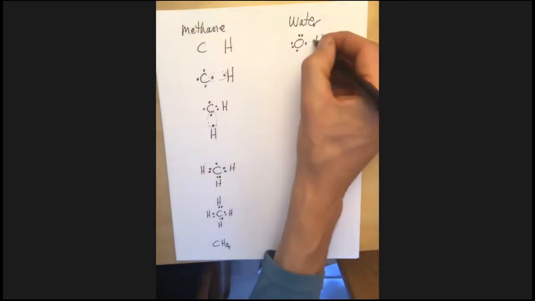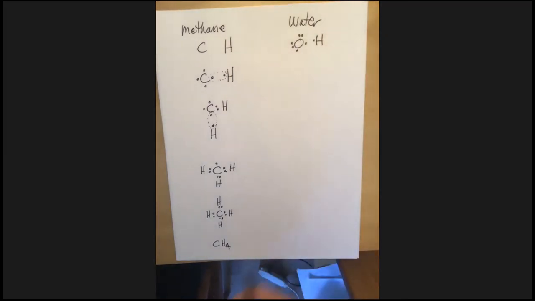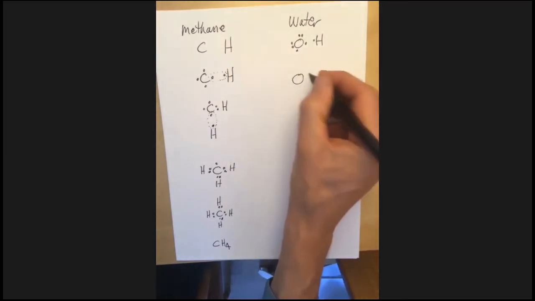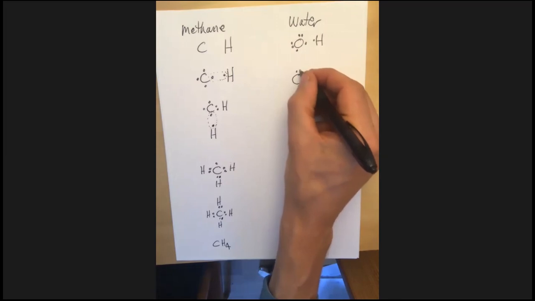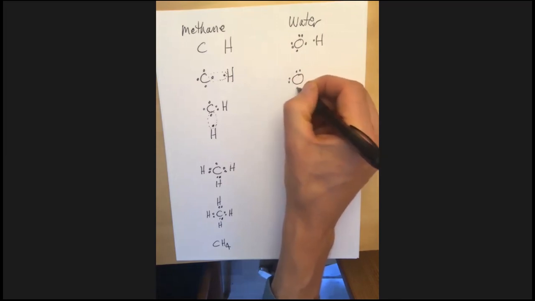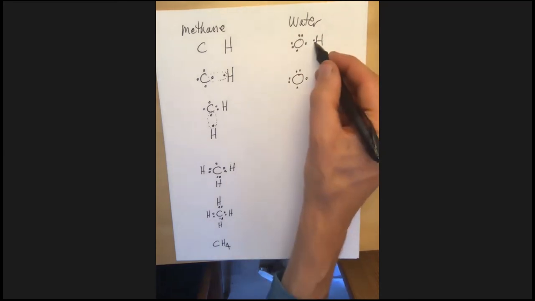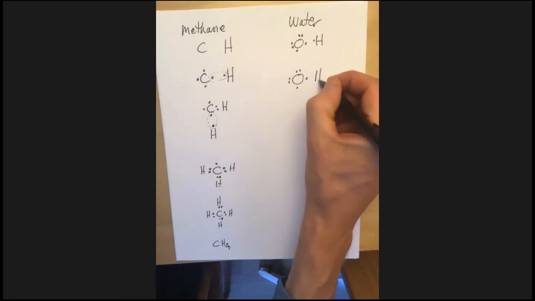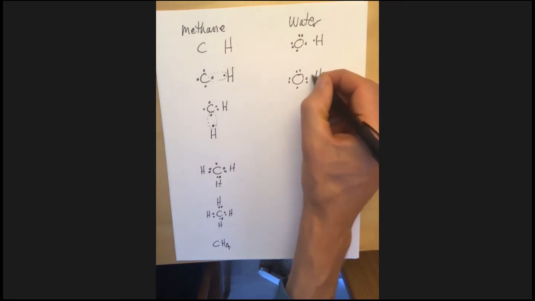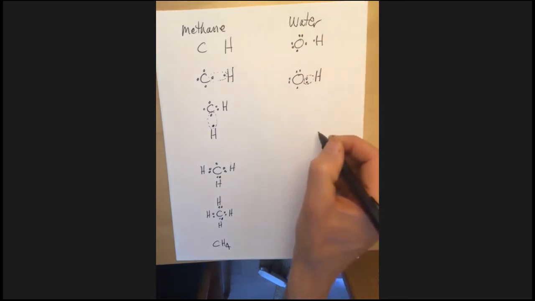I've got hydrogen with 1 electron. So according to your theory, oxygen needs 2 more electrons, so it's going to make 2 bonds. Hydrogen needs 1 electron, it's going to make 1 bond. So there's a bond between the oxygen and the hydrogen.